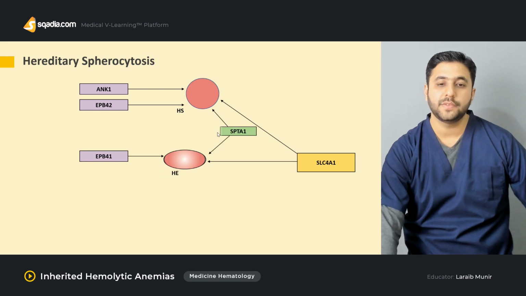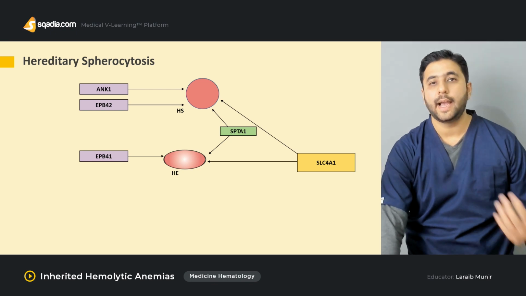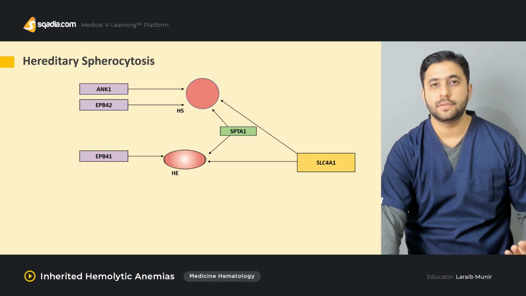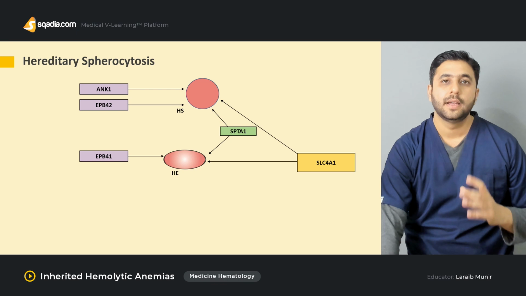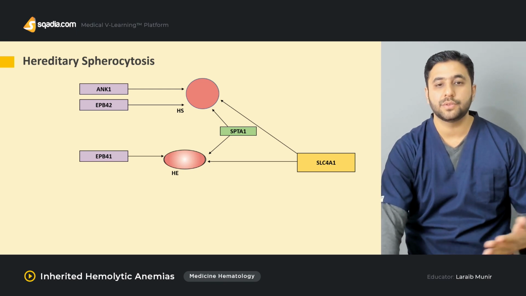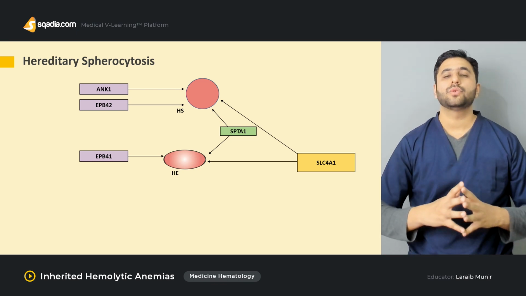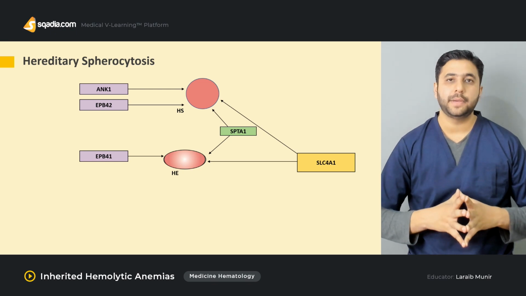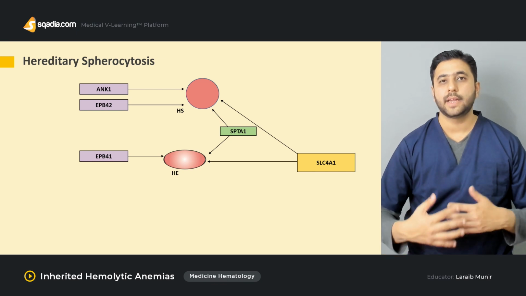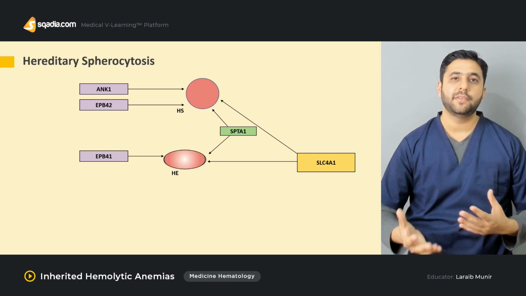So, as we all know, hereditary spherocytosis is basically an autosomal dominant disorder. In the case study which we were discussing, the female patient Hannah, it was very important that after we had diagnosed that she might have hereditary spherocytosis, as we are going to discuss in the coming slides, we screen the family of that patient to look for other relatives who have this problem as well, because hereditary spherocytosis is an autosomal dominant problem, and it has a varied presentation.